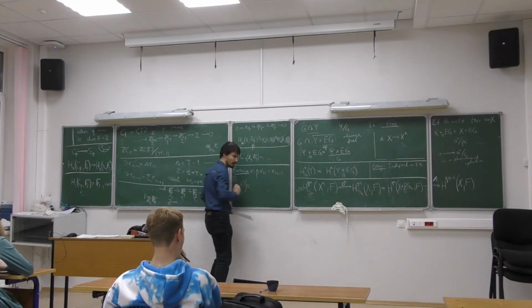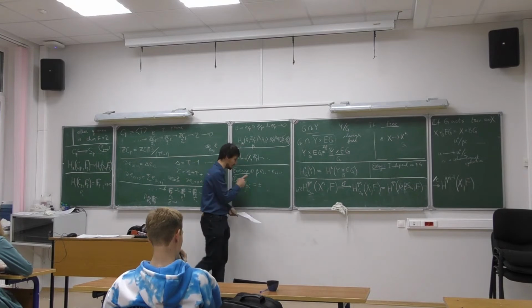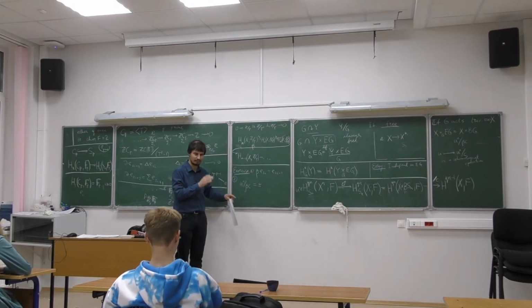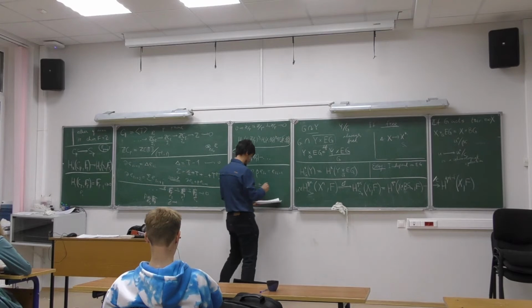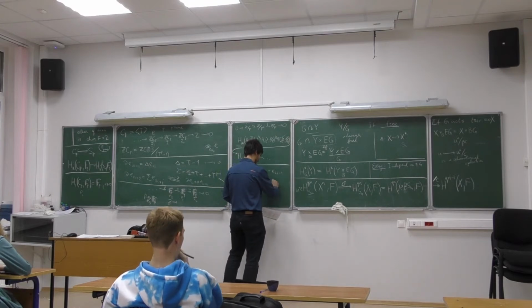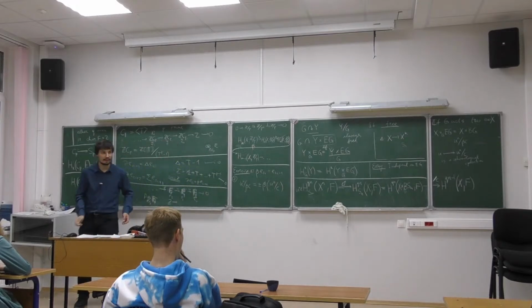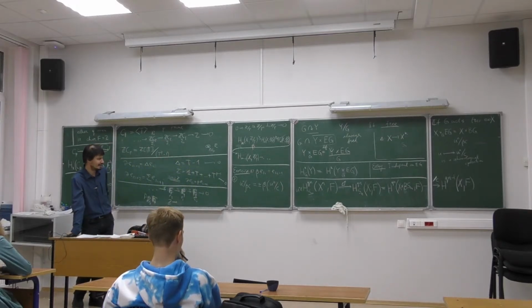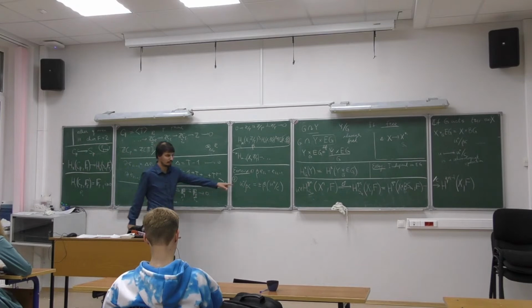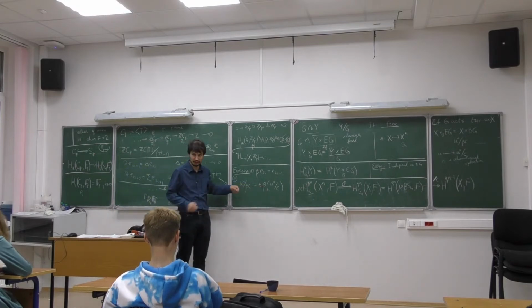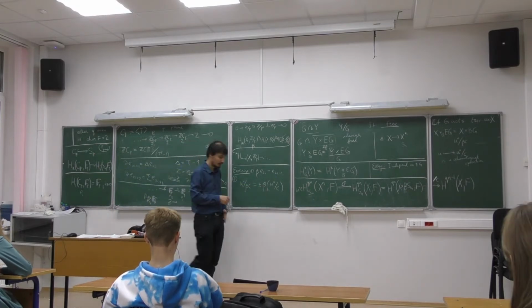The result for the Bockstein is, up to a certain sign, the Bockstein of that element. The sign can be written explicitly, but I don't want to do this. But this one is the cohomological Bockstein. It raises the dimension by 1.